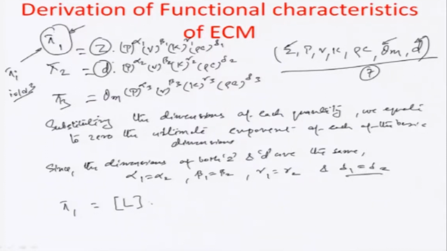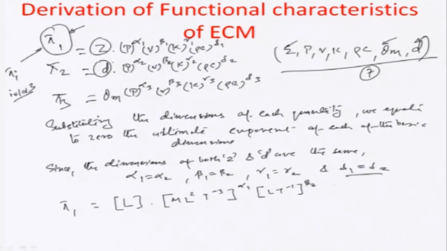So, this is L dimension for z times the dimension for power here, which is m L square t minus 3 to the power of alpha 1, times the dimensions for velocity, L t minus 1 to the power of beta 1, times k, which is represented as m L t minus 3 theta minus 1 to the power of gamma 1, times m L minus 1 t minus 2 theta minus 1 to the power of delta 1.